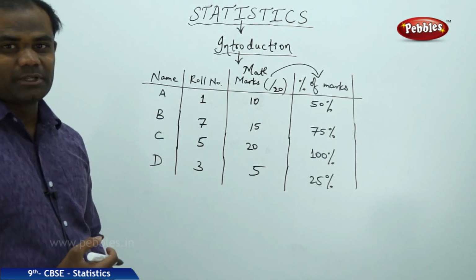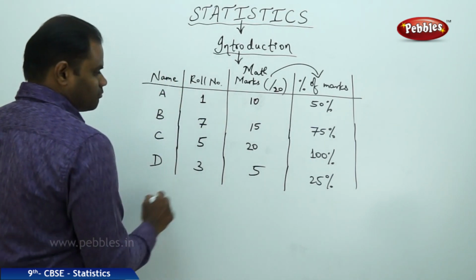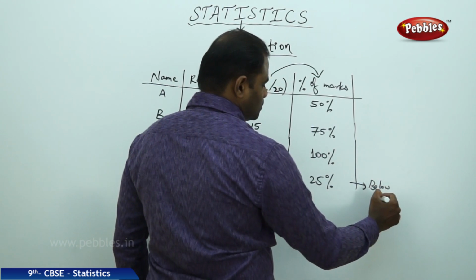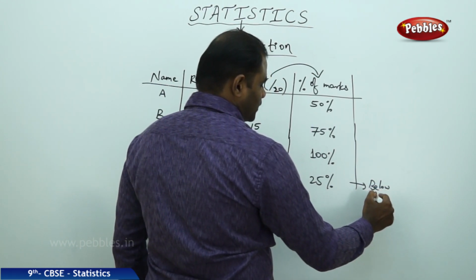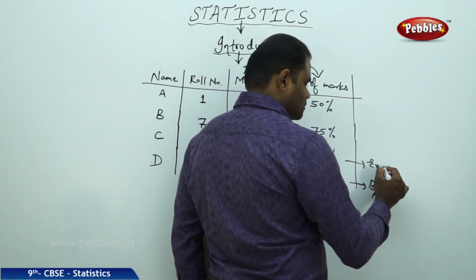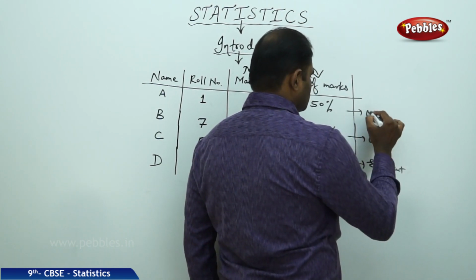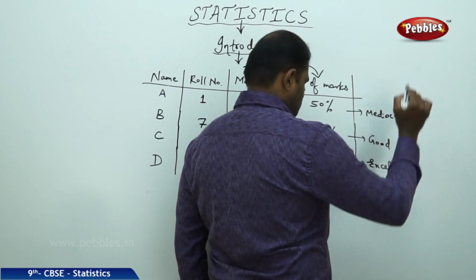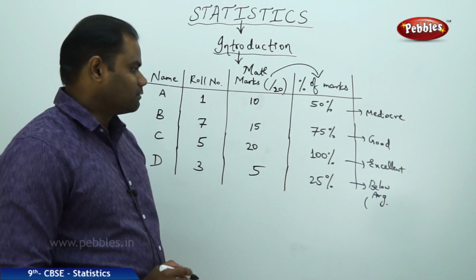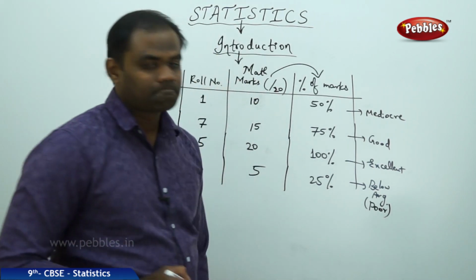So this gives me a clear picture that the student who got 25% is below average or at low performance, and the others are excellent, good, and mediocre. So here we try to give the different names as here, poor or very poor.